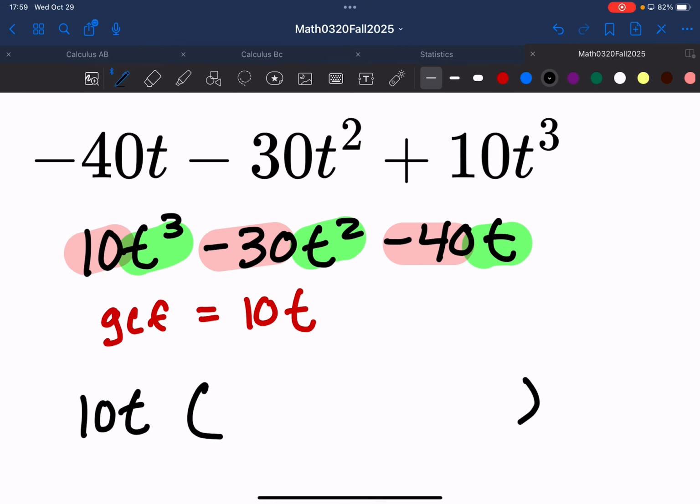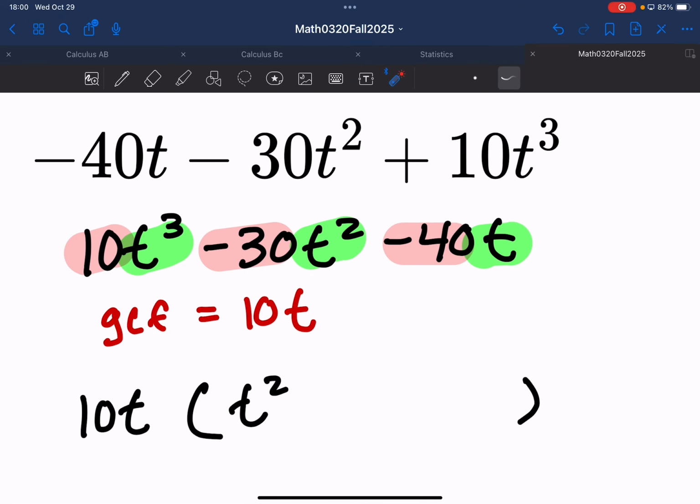And we have to see what's left over after we take out a 10t. So divide each by 10, and then take away a t. What's going to be left from the first term? T squared. Good, because 10 divided by 10 is 1, and we don't need to write 1.